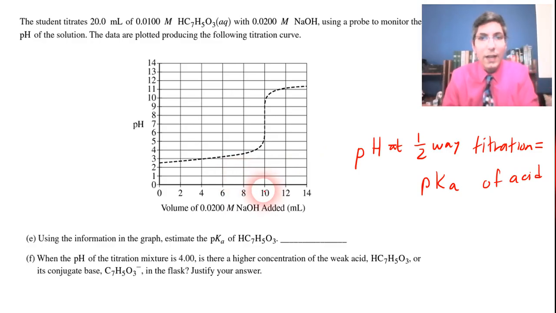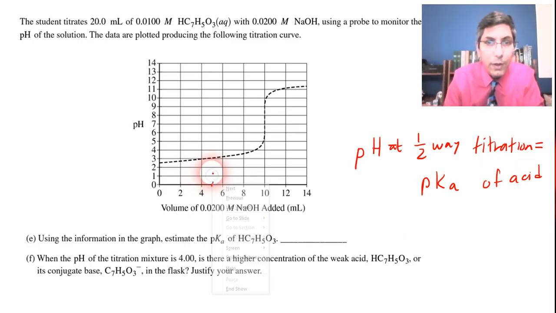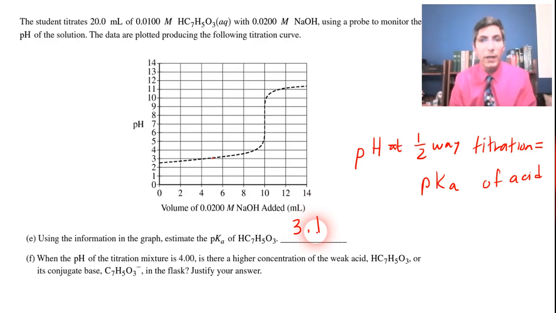So that means that the halfway point is right here at 5 milliliters. So if we just move up here, we can get right there. And it looks like the pH at that point is 3 or just maybe a touch above 3. And so I'm going to say about 3.1 seems to be my halfway point pH. So that's the pKa. Okay, so that's the key thing to know here. pH at the halfway point equals the pKa.